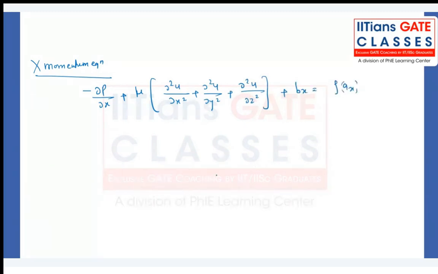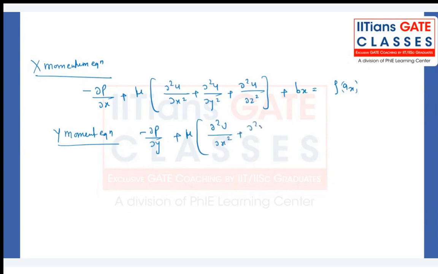Y momentum equation: minus dou p by dou y plus mu into dou square v by dou x square plus dou square v by dou y square plus dou square v by dou z square, plus by, equal to rho into ay.